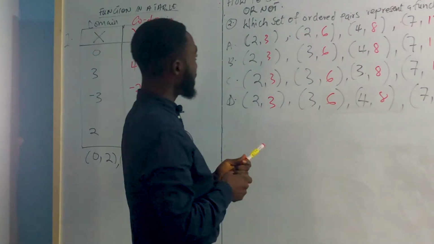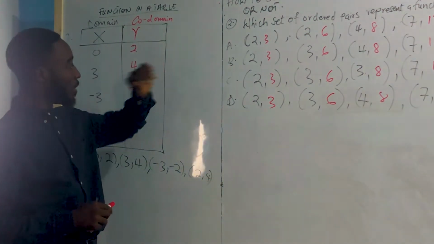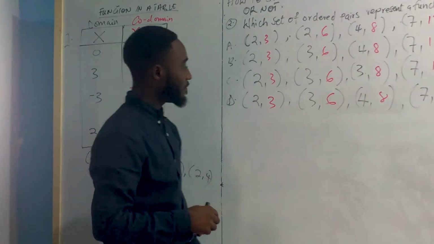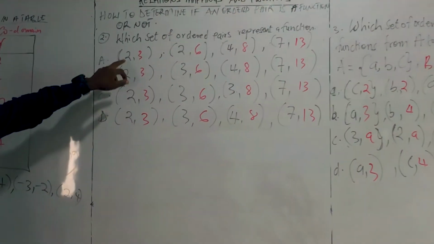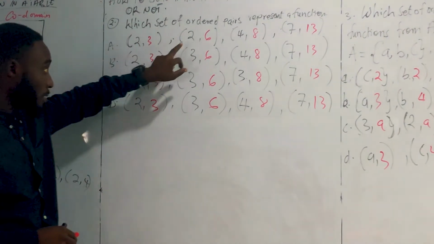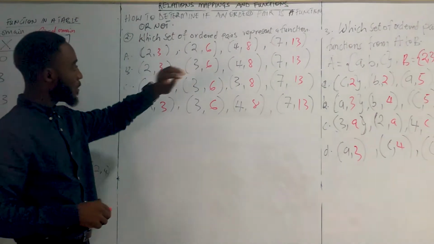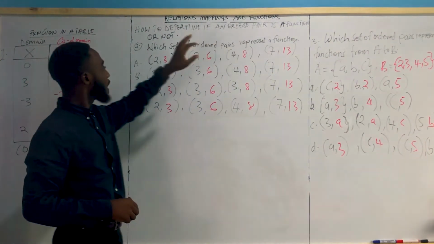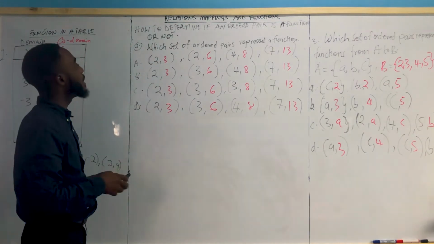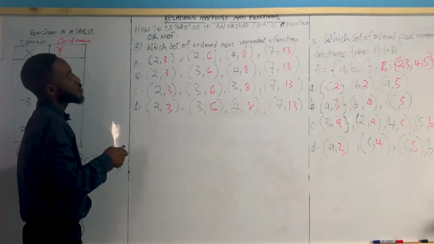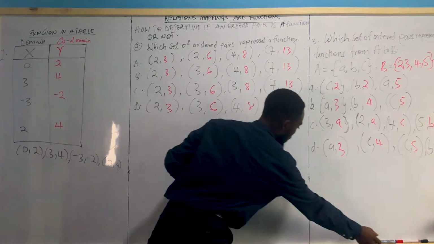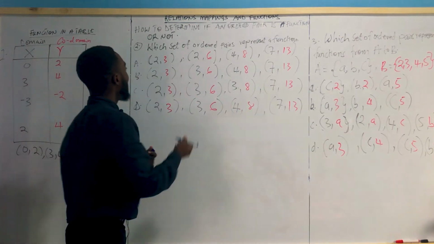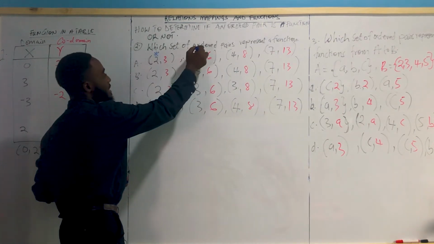So let's see the next set of questions. Which set of ordered pairs represents a function? Let's look at the first one. In this first one, 2 maps to 3, 2 maps to 6, 4 maps to 8, and 7 maps to 13. Looking at this, we can see the x value 2 appears here as well.